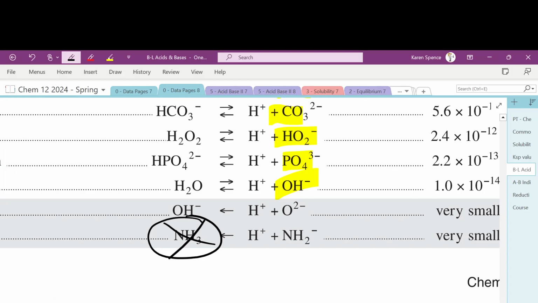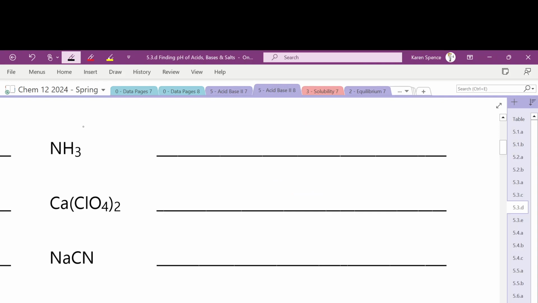So it has to be a base, because could it be a salt? No, because salts are made of what? Positive ions and negative ions. Are there any ions in NH3? No, it's a molecular compound. So it's not an acid, it's not a salt. That means by process of elimination, it must be a base.